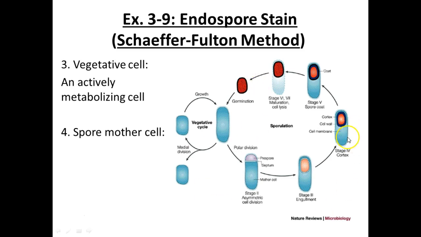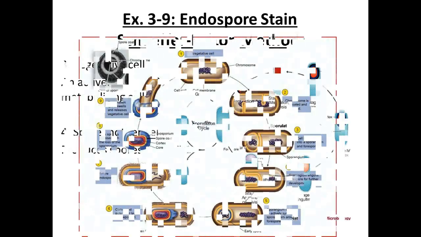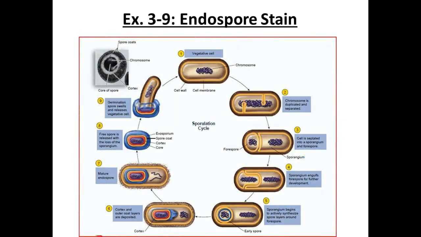It makes a copy of its DNA and protects it, surrounding it in a coat with keratin, and over time the cell itself will deteriorate, so you just have spores by themselves. We might get lucky and see spores inside of cells, but mostly you're going to see them outside. This is when they're producing the spores, and this is a more detailed cycle of forming those spores.